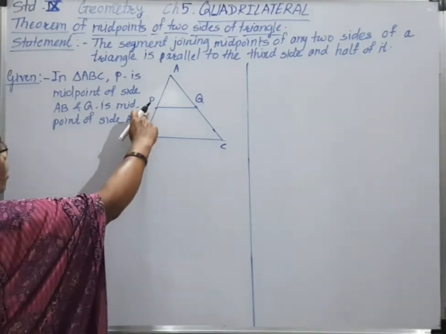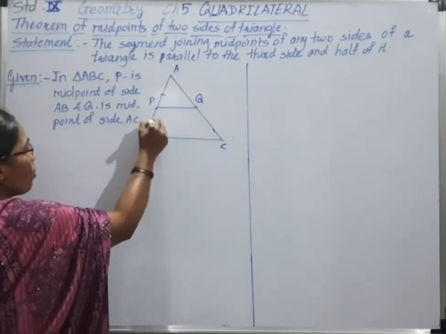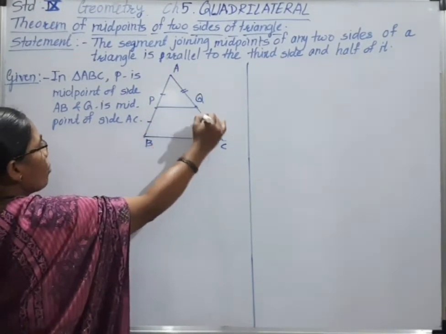P is midpoint of side AB and Q is midpoint of side AC. That's why here AP is equal to PB and AQ is equal to QC.